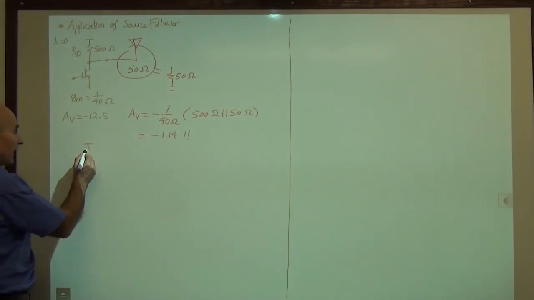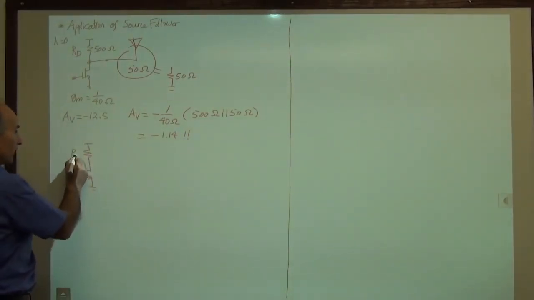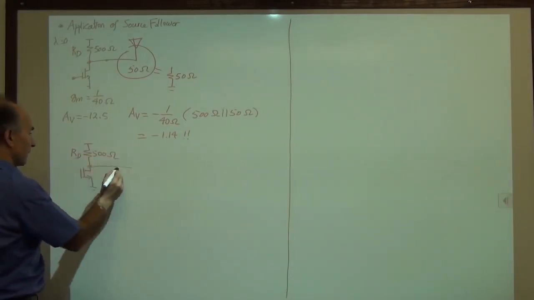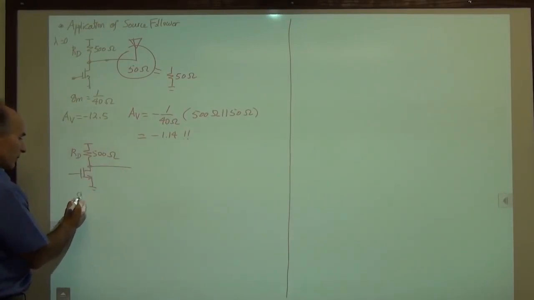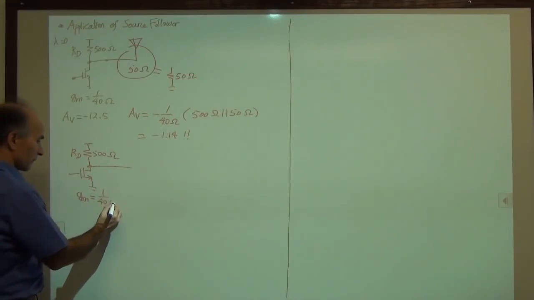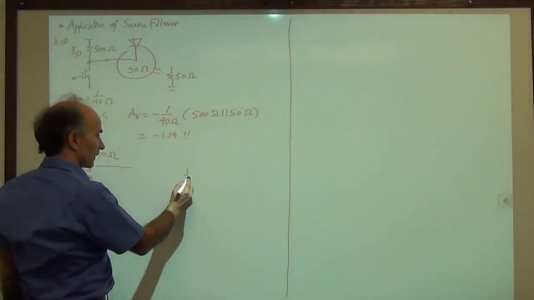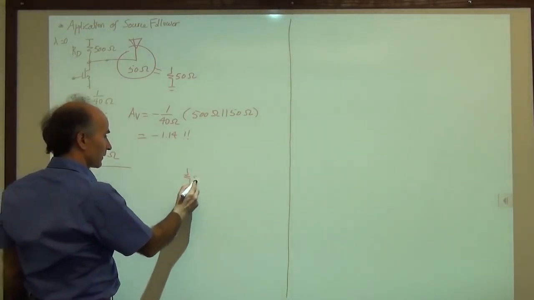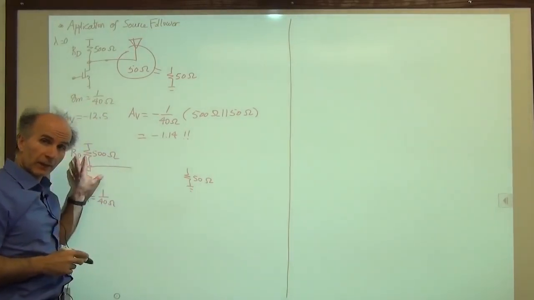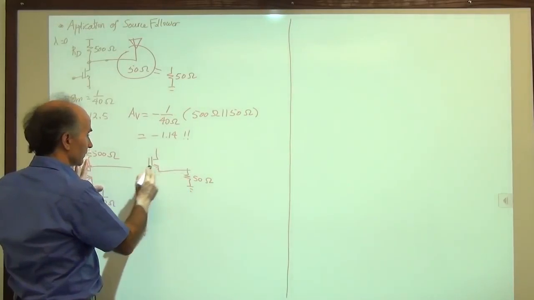All right, so we have the common source stage as before. Here's RD, 500 ohms, and we come out here. The same transistor as before, so gm is about 1 over 40 ohms. And now the load, which is a 50 ohm resistor to AC ground, is driven not by this directly, but by a source follower.